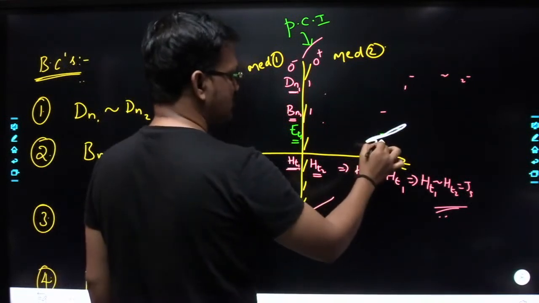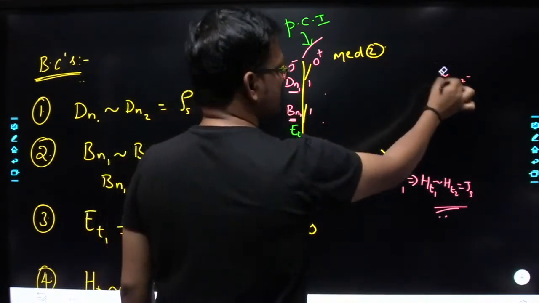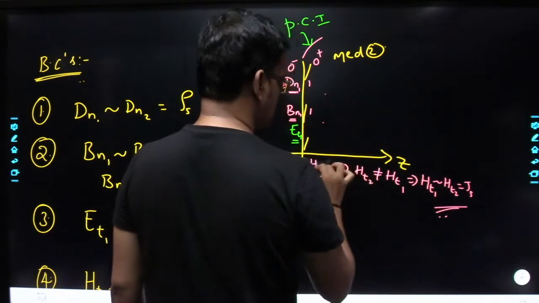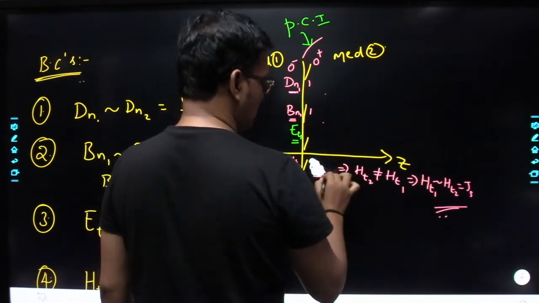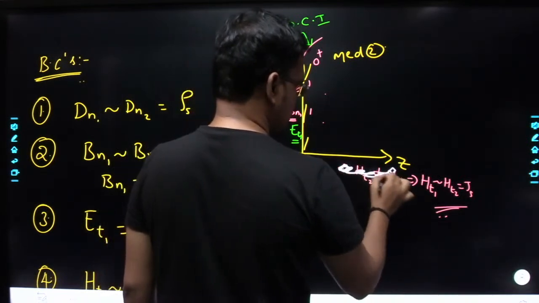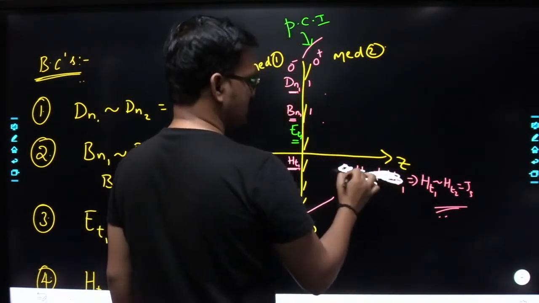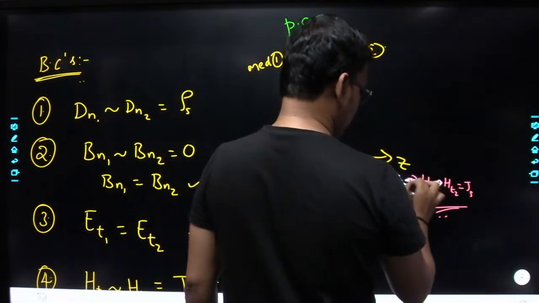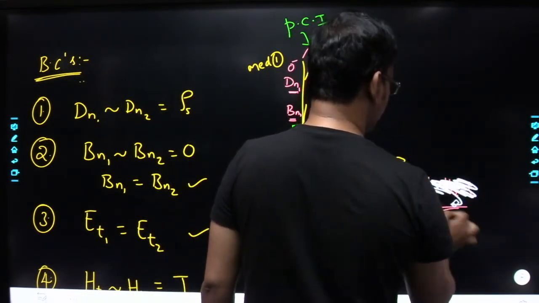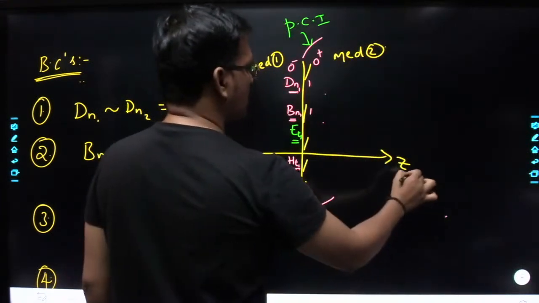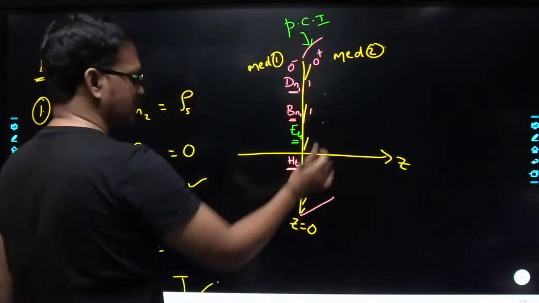Just now we have seen that for a perfect conducting interface, the skin depth is equivalent to 0, which means no fields can penetrate into it. Whatever fields are incident here have to be reflected back. So you are not going to see any fields in this medium.